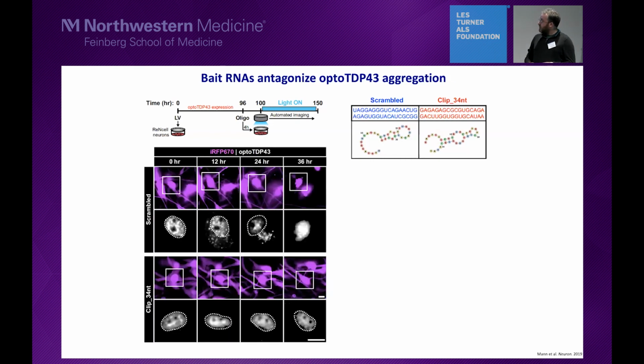So if we do that experiment, shine blue light onto the neurons in culture, what we see is that with the scrambled control, we begin to see the cytoplasmic inclusions of TDP43. But this phenotype is completely abrogated in some cells, where we keep TDP43 in the nucleus and stop it accumulating in these cytoplasmic aggregated forms.